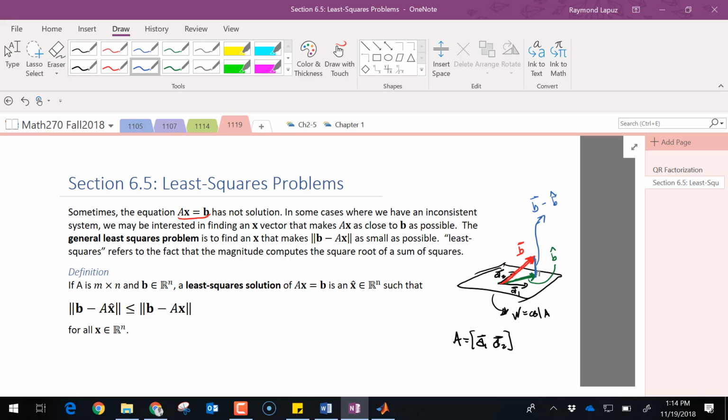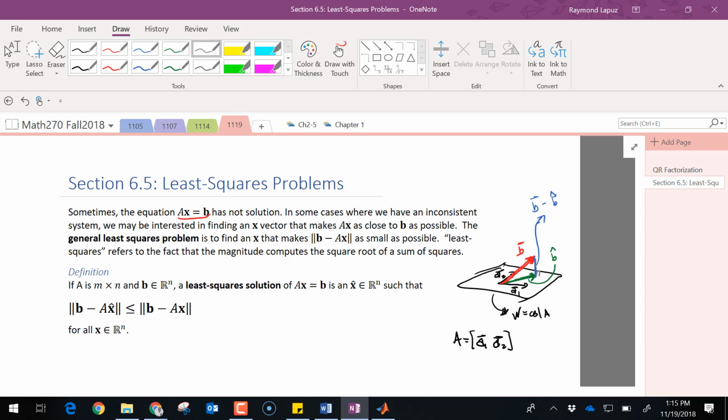All right. Let's come back to this idea for a second. What we have here is what they're saying is that B hat is going to be our best approximation for this B vector that we have.